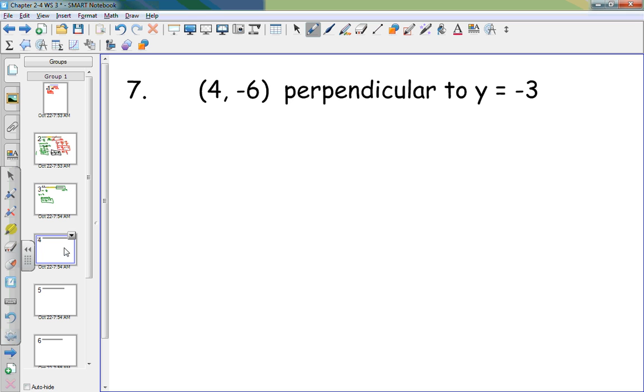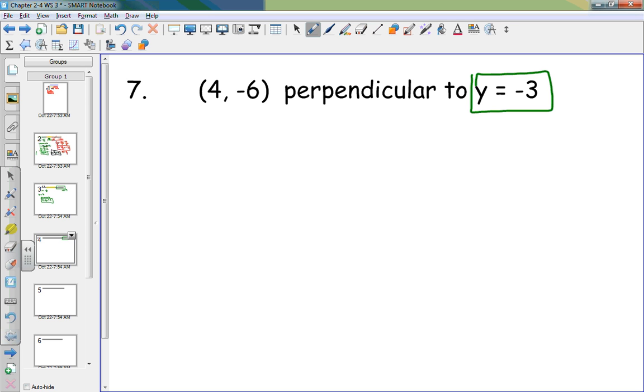Number 7. Okay, what do you notice? It's already solved for y. It's already solved for y. What do I know about this thing?